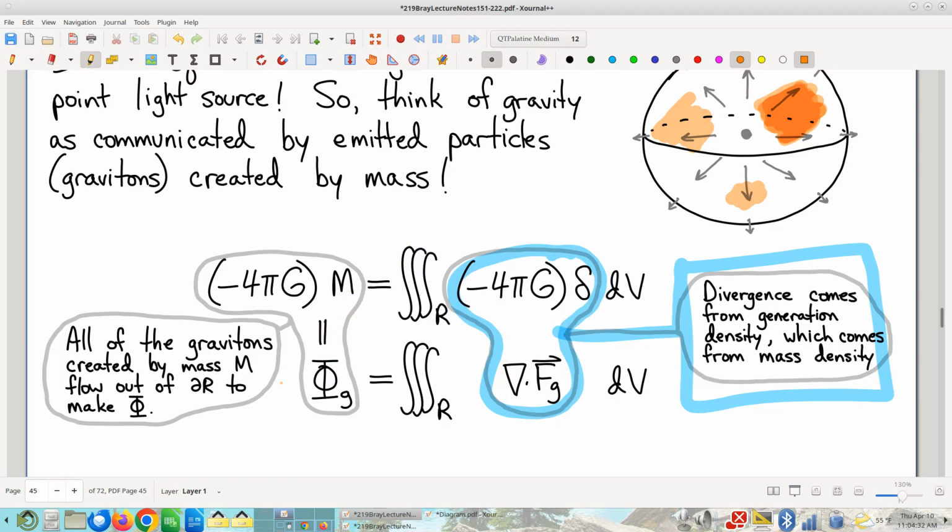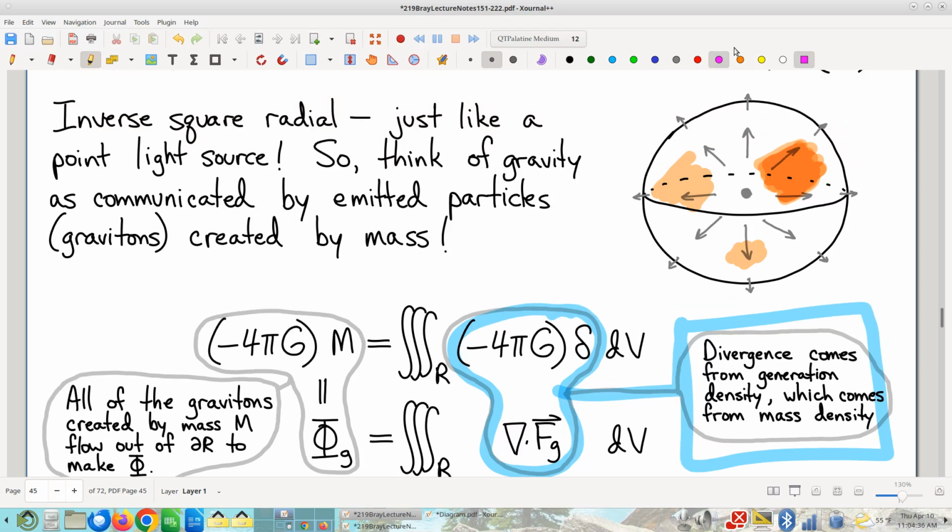And the really interesting thing is if you were to ask, now again, without the graviton metaphor, without the divergence theorem, and being able to connect divergence to flux and flux to mass, etc. Powerful ideas we're invoking there. If we didn't have that, how would I compute this divergence?